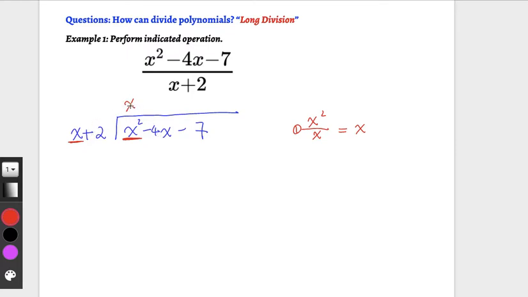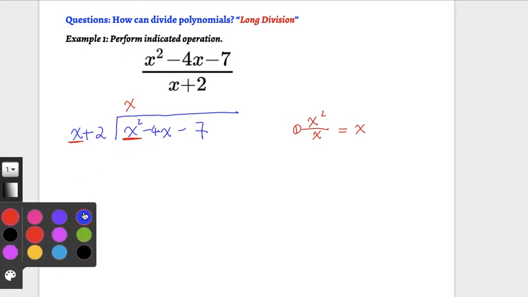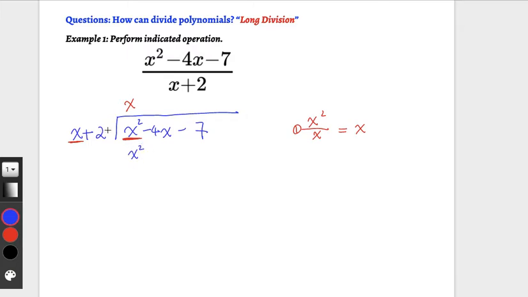We use x to multiply x plus 2. x times x, x squared, x times 2, 2x. So remember here you divide, and then x times x plus 2, you multiply.